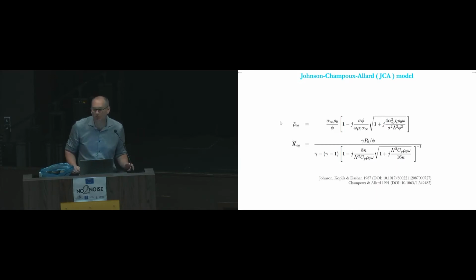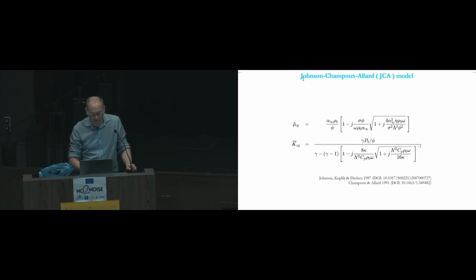We will use a miracle function which is almost the same, but for thermal effects. So they take the asymptotic value and say, what is the simplest function? If we think about it, it's this one, and we have this expression for the bulk modulus, which introduces some more parameters. So one was the thermal characteristic length lambda prime.